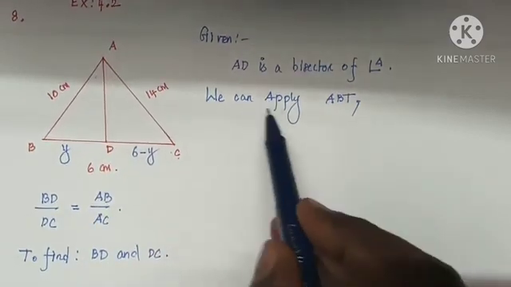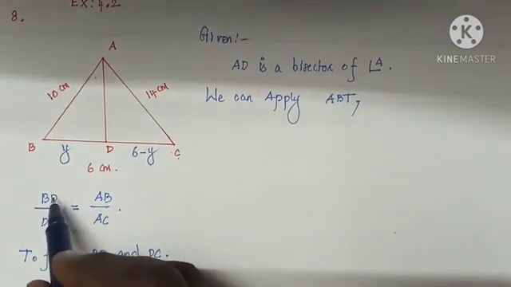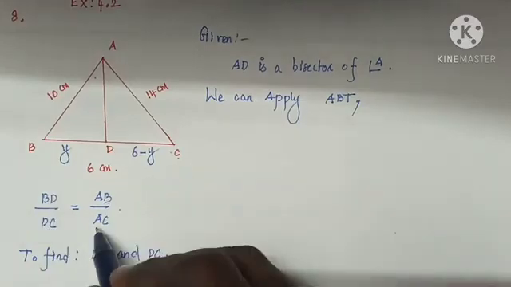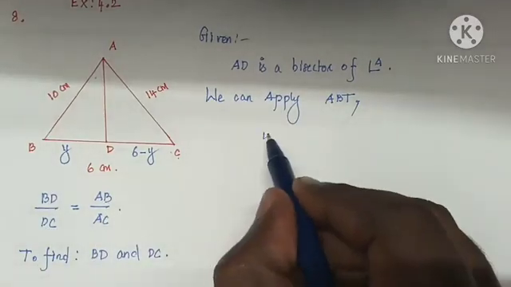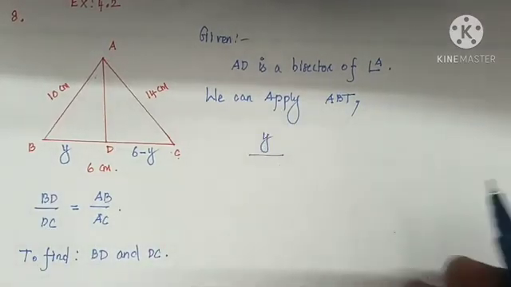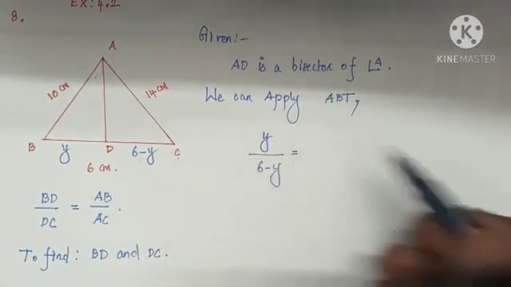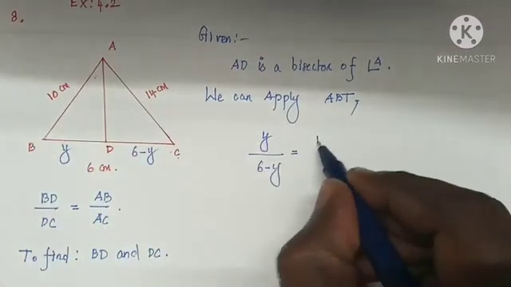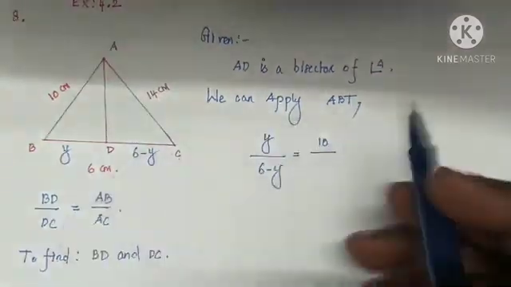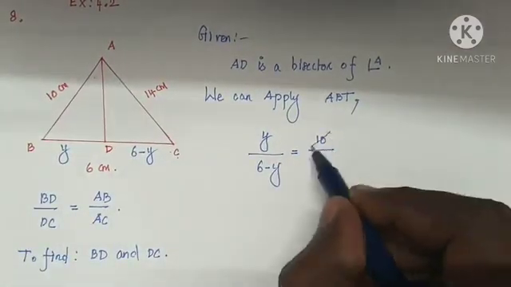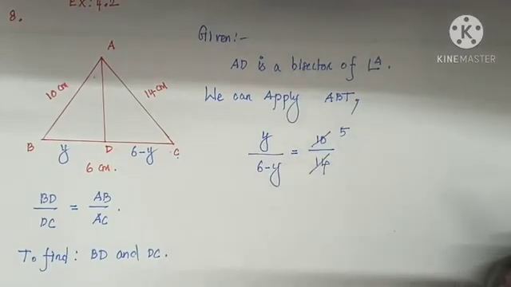Okay, so we can apply the ABT theorem: BD by DC equals AB by AC. What is BD? y by DC, which is 6 minus y, is equal to AB, which is 10, divided by AC, that is 14. Simplify it: 2 table means 5 times, here 7 times.